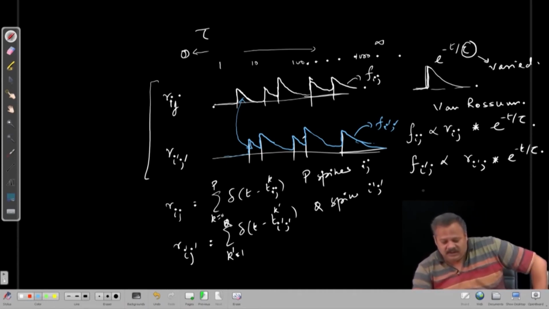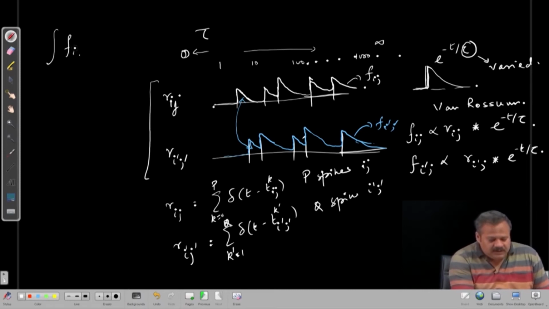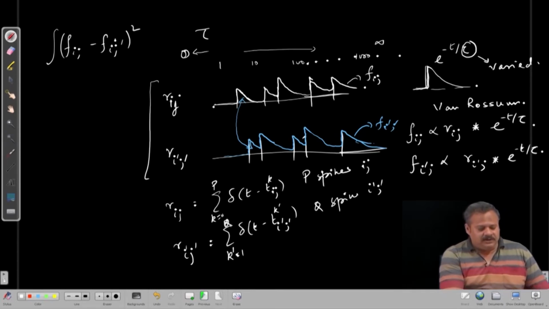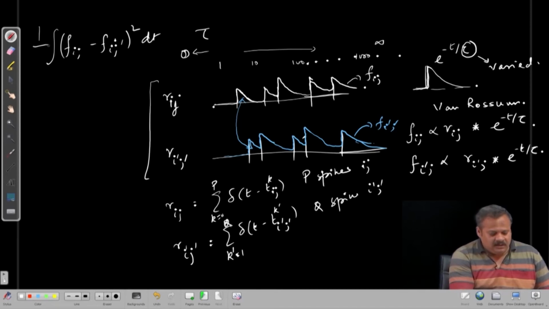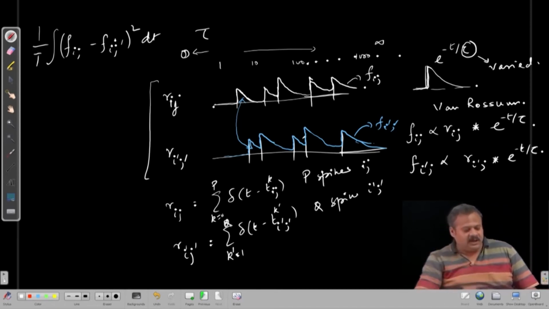And we are saying that the Euclidean distance, that is the integral, let me use the white color here, the integral of Fij minus Fi prime j prime square as a function of t dt, and then normalized by the duration over which this calculation is being done.